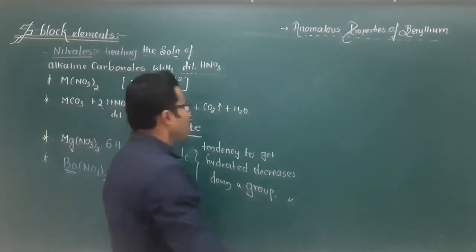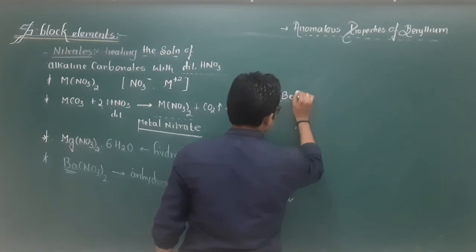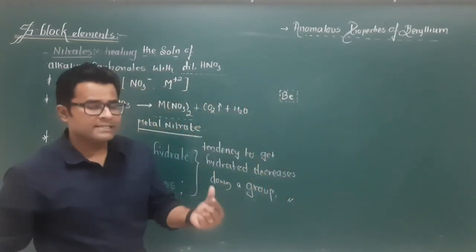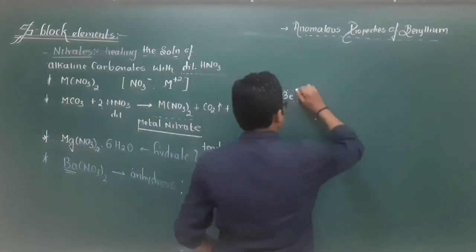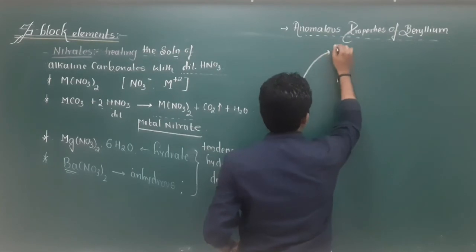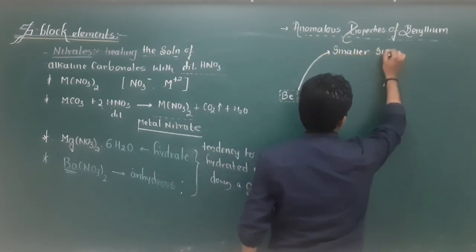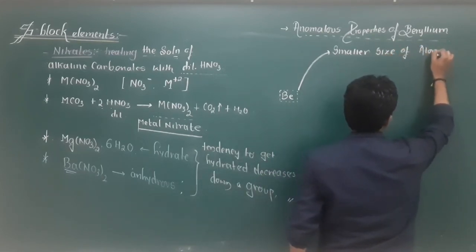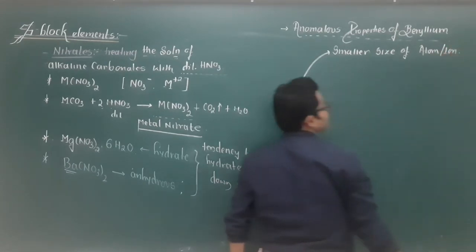When we observe beryllium, the first thing we have to know is that beryllium has a very small size, due to the smaller size of the atom, in its atomic state and in its ionic state.